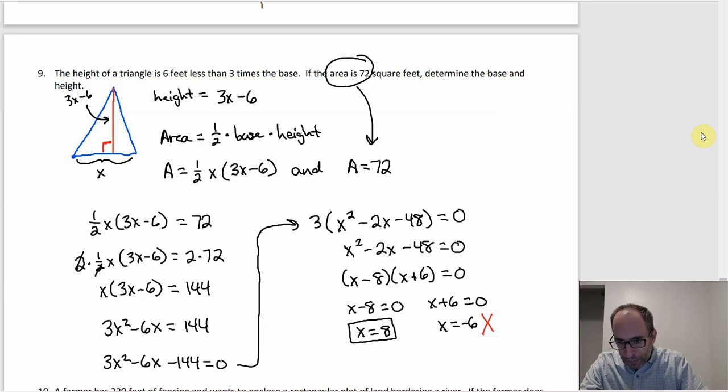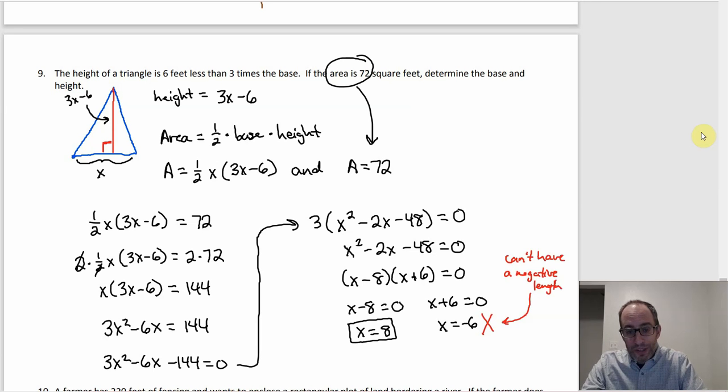So the reason we're throwing that one away is that we can't have a negative length. So you got to be careful with the word problems, right? If it was just here's an equation, solve this, then negatives are fine. But here, because it's something that's a length, you can't have it.